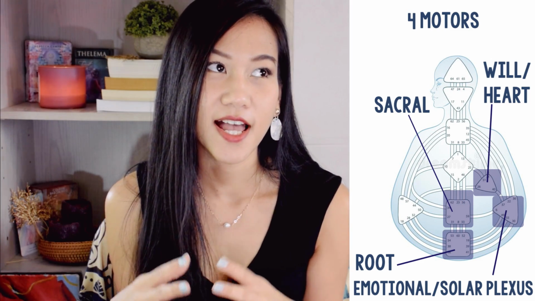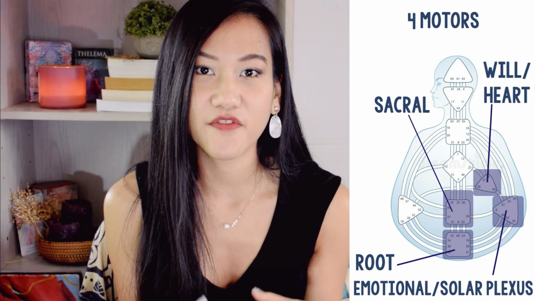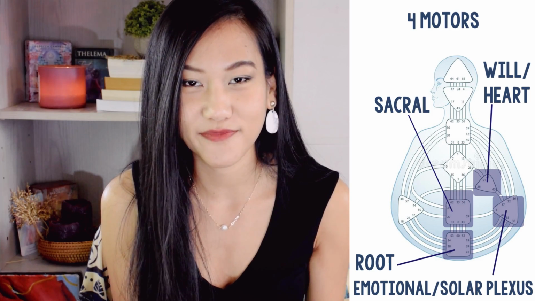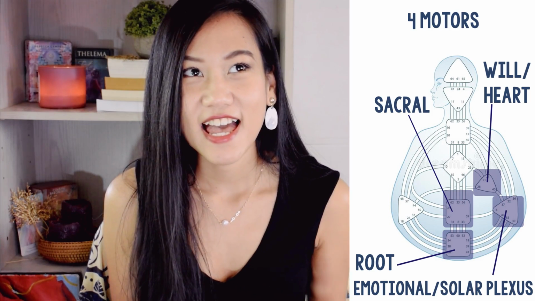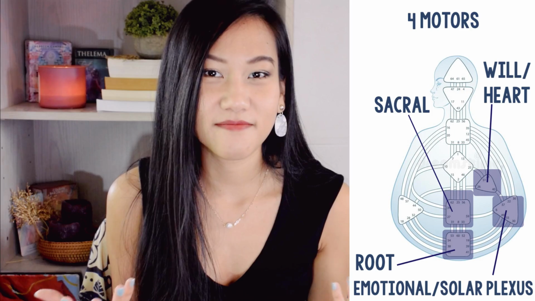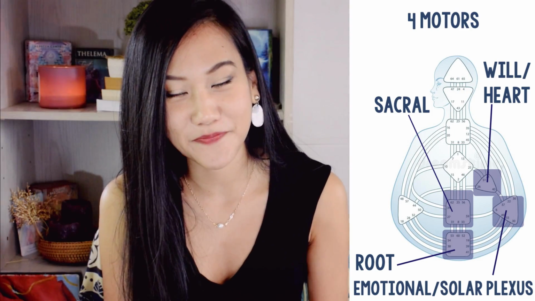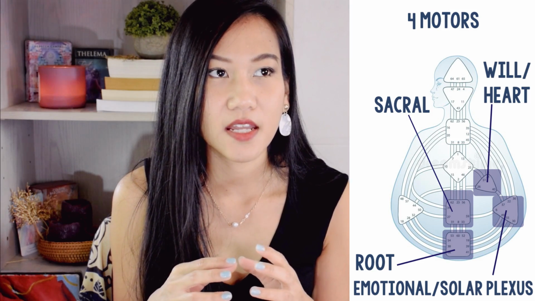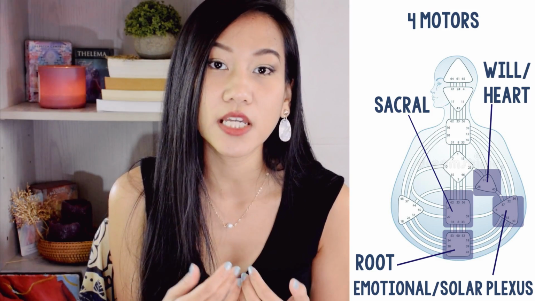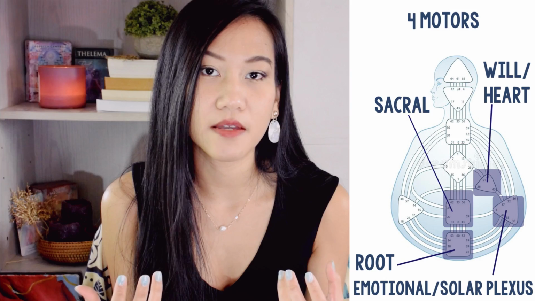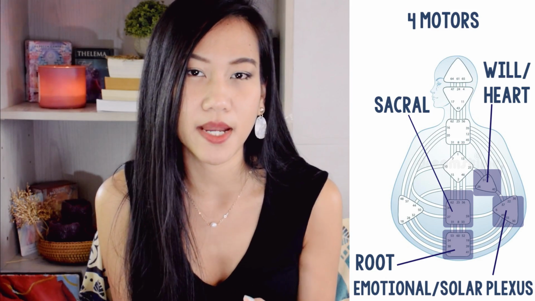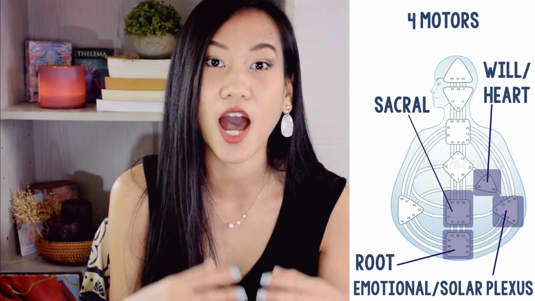The next motor is the emotional solar plexus center. This center takes action based on feelings, desire, that kind of desire nature. So it's kind of like you have the energy to do something because you're in the mood for it. But the thing about the center is that when emotions flood you, it can really be easy to be in the high of feelings and emotions, and you're not recommended to take action when you're in the high.